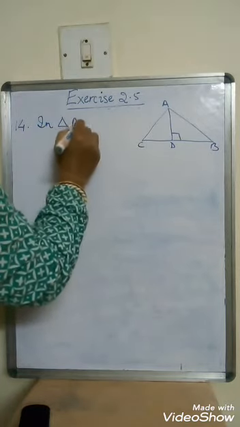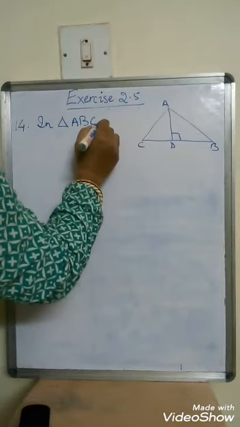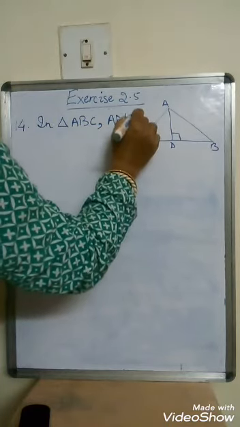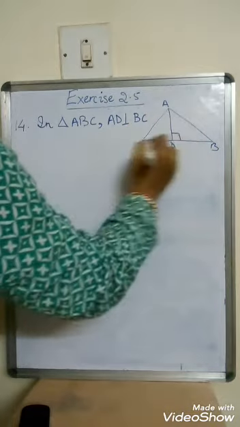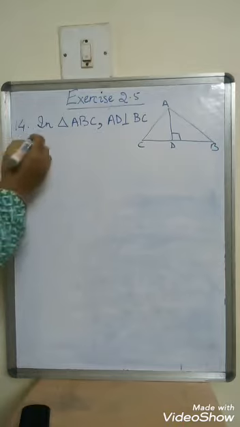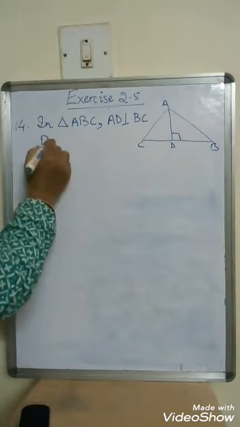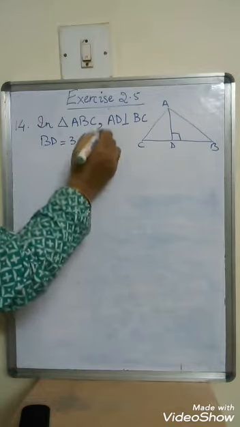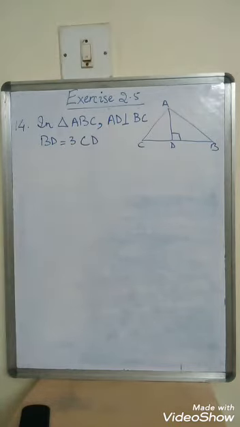In triangle ABC, AD is perpendicular on BC, right? Now BD is equal to 3CD. This is already given to us, right?